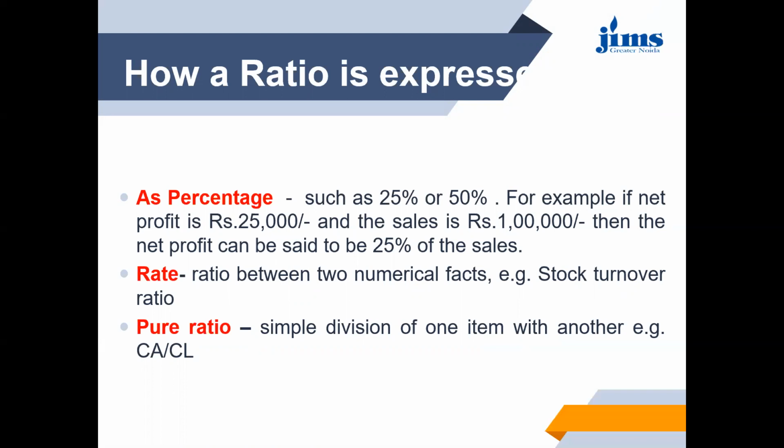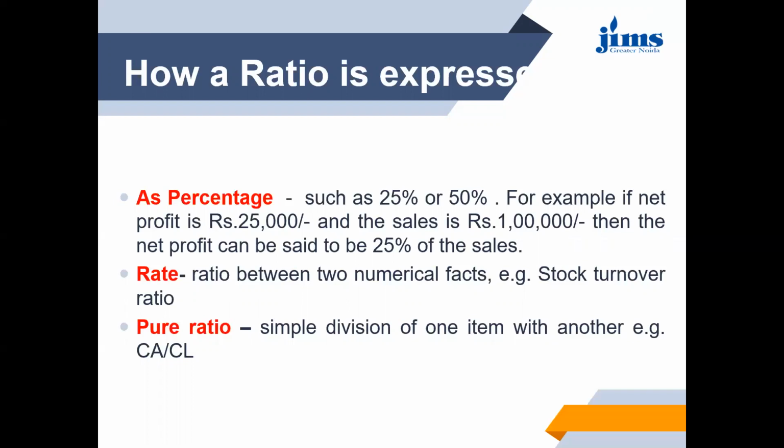Second, it can be expressed in a rate form, like we can calculate the ratio between two variables like the stock and cost of goods sold, or the current assets to current liabilities. Then it is a pure ratio, which is simple division of one item by another.